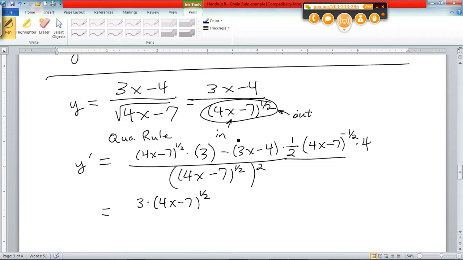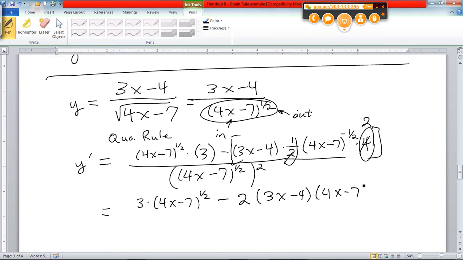Now over here on this part, all this is times, so what about this 1/2 and 4? Don't I cancel there? Leaves me a 2. So here's what I see for that. I got a minus 2 times 3x minus 4 times 4x minus 7 to the negative 1/2. And then the bottom, well, that worked out nicely, doesn't it?